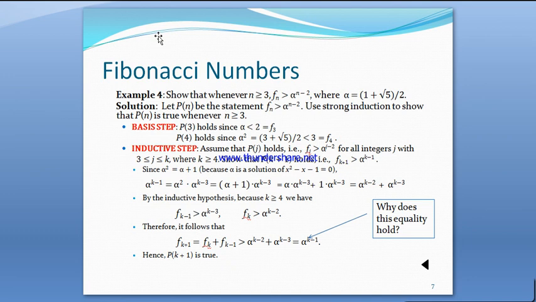Now considering the Fibonacci relation and combining these two inequalities, we are able to prove that f of k plus 1 is greater than alpha power k minus 1. Hence, the result P of k plus 1 is true. Here ends the second part of the strong induction. So in this example, we have proved the result related to Fibonacci numbers using strong induction.